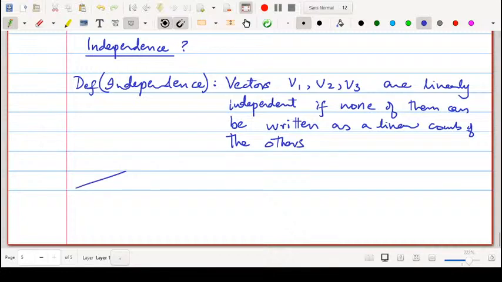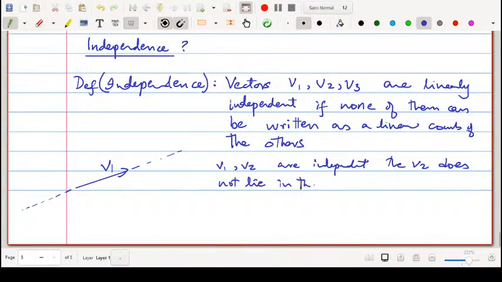So let's say I have a vector. This was v1. If I want the other vector v2 to be independent, then it can't lie on this line, right? If v1 and v2 are independent, then v2 does not lie in the line covered by v1, because otherwise v2 and v1 both will be on this line and you won't get a two-dimensional plane, you'll just get this line.